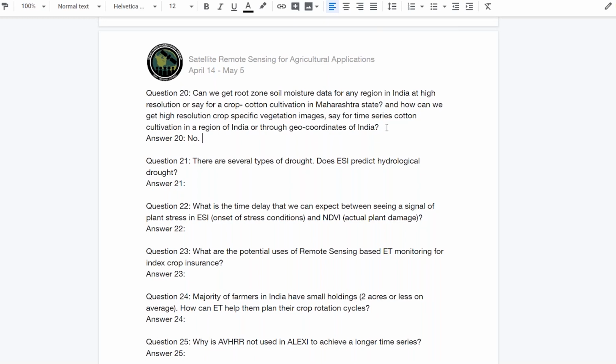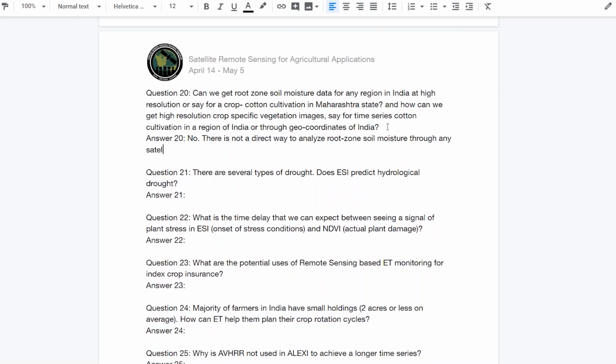There's not really a way to directly estimate root zone soil moisture from any satellite. From the high resolution standpoint, with current synthetic aperture radar, and the future L-band SAR from NASA and the Indian Space Agency that's coming online in the next couple of years, we will have the ability to estimate high resolution soil moisture.